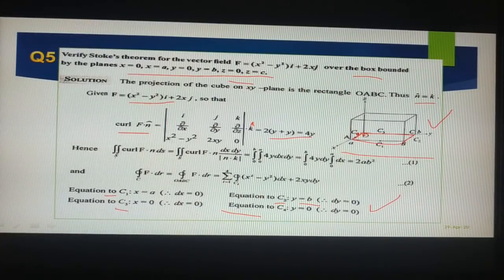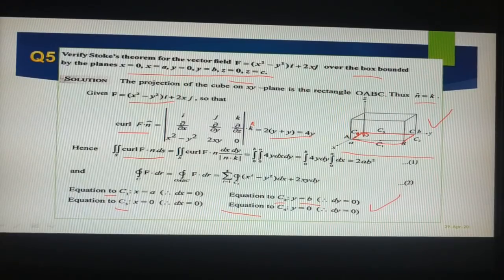So directly you can multiply. I also gave one more formula, because sometimes you may have doubt: this dx dy is always over modulus of n dot k cap. Here n is nothing but a unit vector, which is k, and k dot k again becomes 1. So it will help us sometimes if taken in this way.